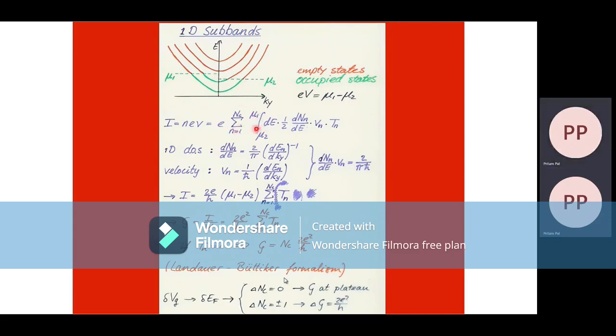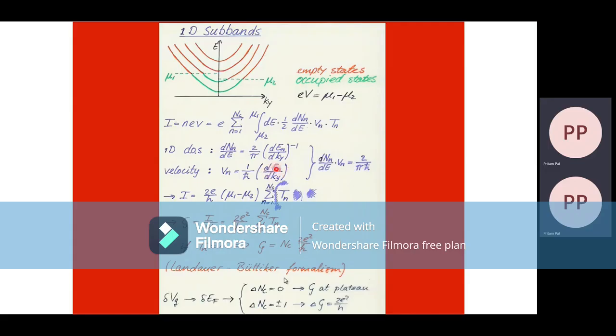So the density of electrons is the one-dimensional density, which is given by this expression, and it turns out that the velocity of the electron in one dimension is given by this quantity, right?